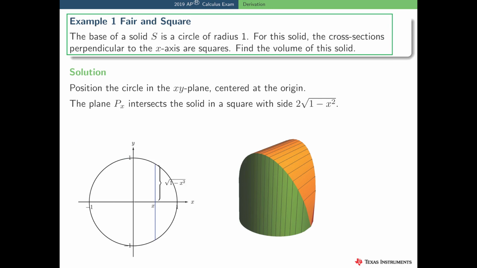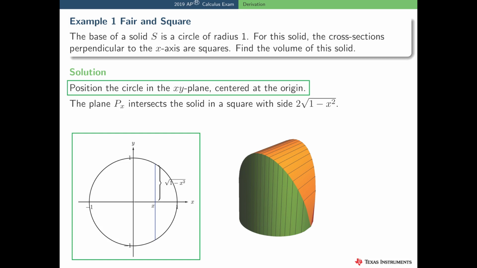Let's try an example. Suppose the base of a solid S is a circle of radius 1. For this solid, the cross-sections perpendicular to the x-axis are squares. Find the volume of this solid. Well, I need a figure to help me visualize this solid, and especially the cross-sections.